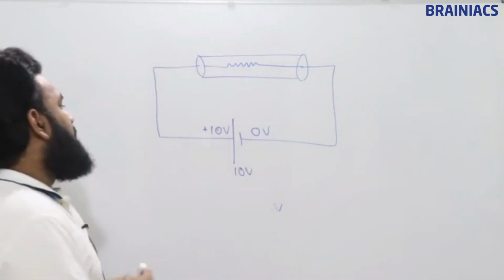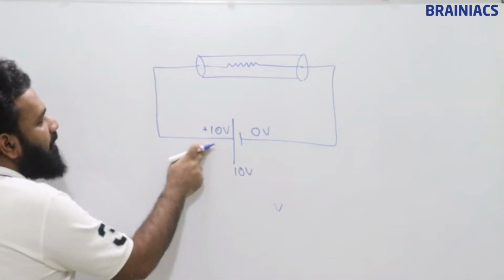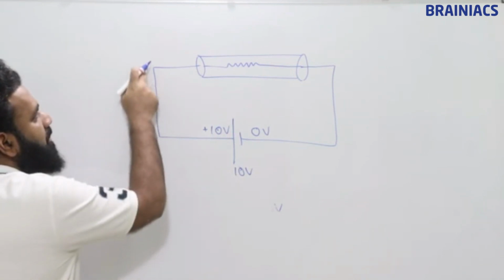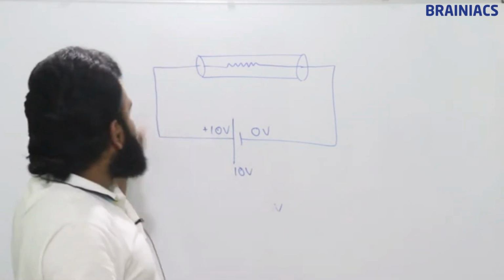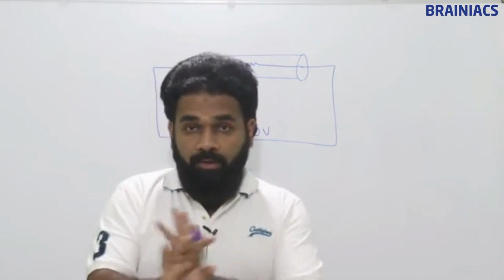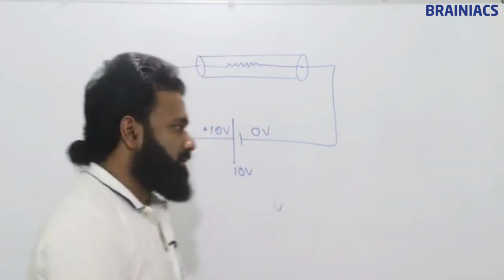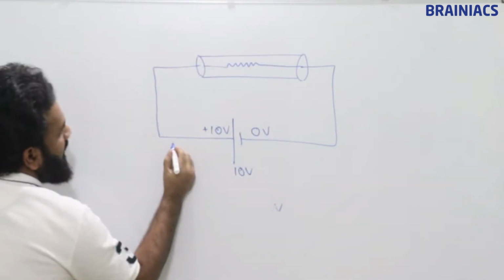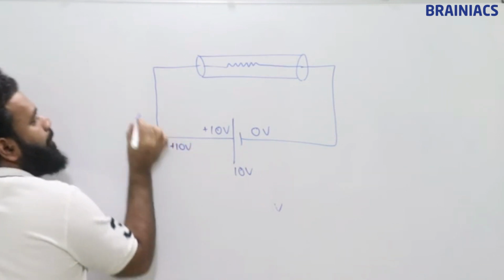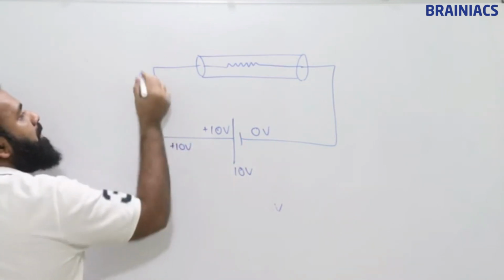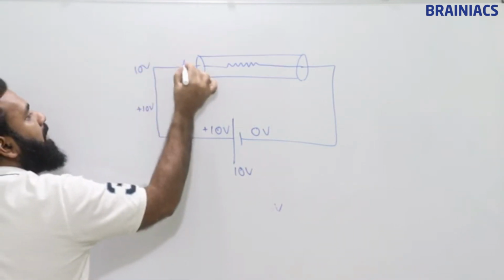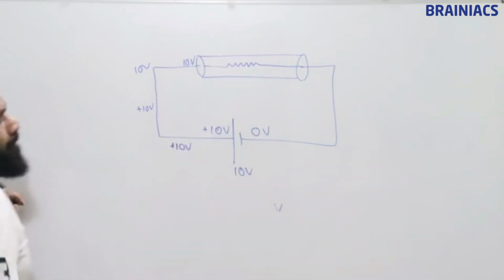Now here we don't have any resistance till this point, no one to eat this voltage difference. So this is 10 volt, this is also 10 volt, this is also 10 volt, here also 10 volt.